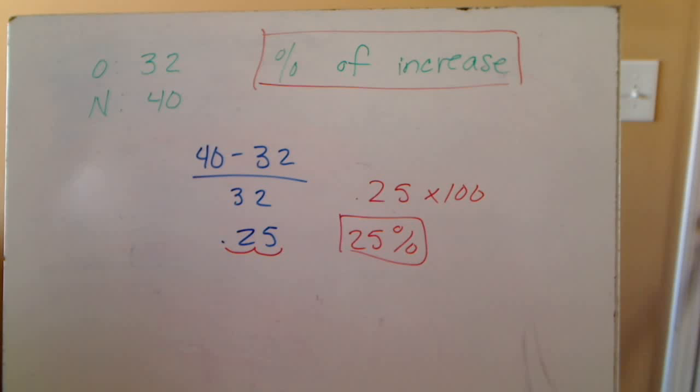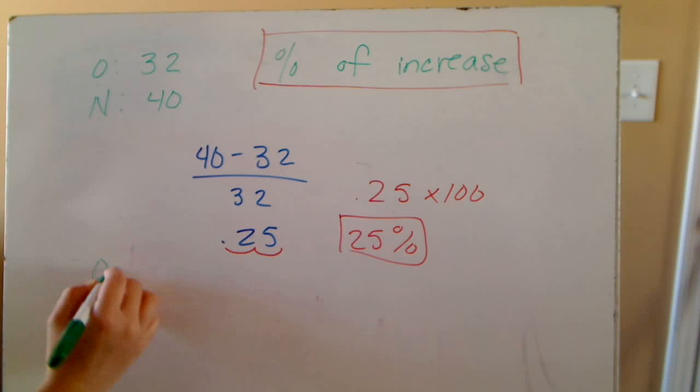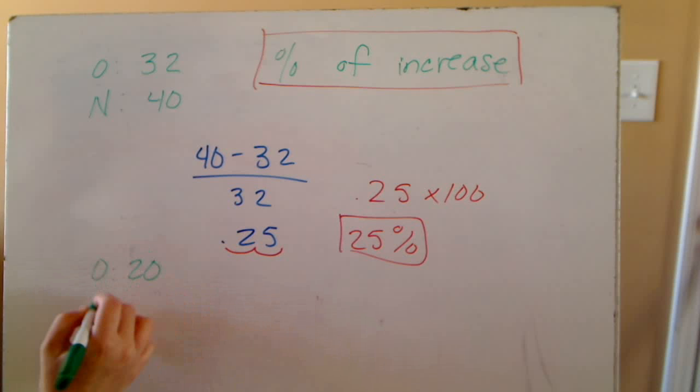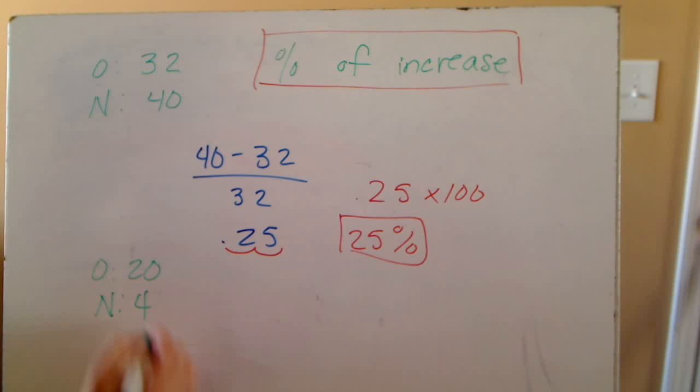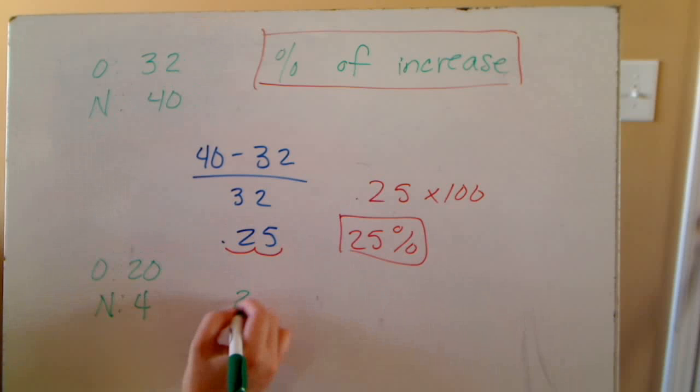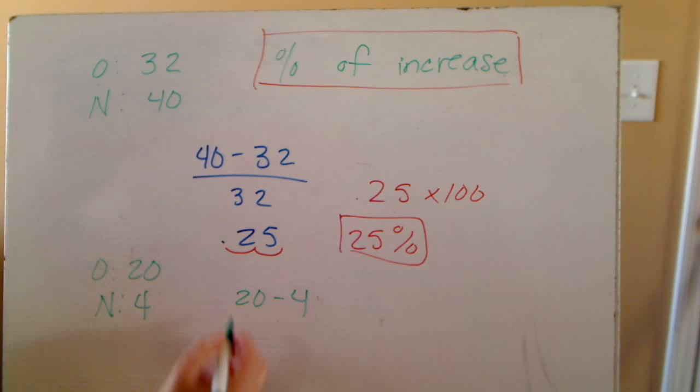The next example is the same type of process. So we're going to take the original and the new and subtract them. So we're going to take 20, subtract 4, divide by the original, which was 20.